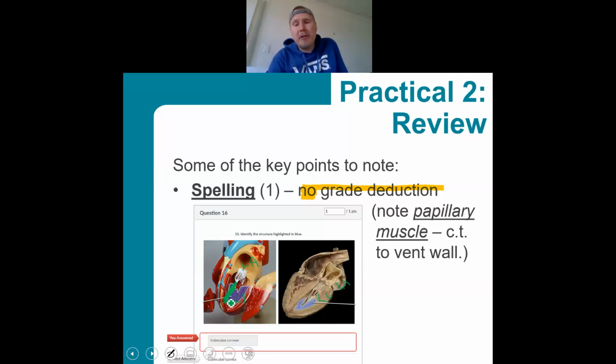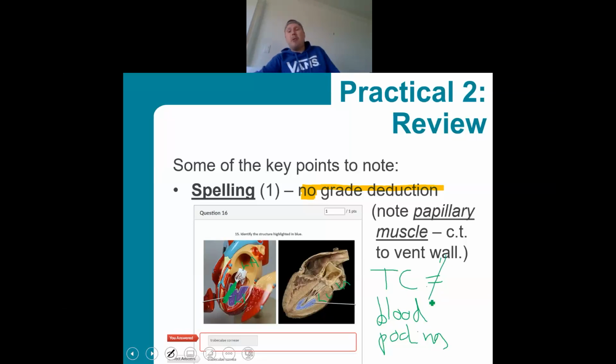What trabeculae carneae does is that it actually prevents blood from pooling in the ventricular area. And why this is important is that by preventing the blood from pooling, we're preventing the blood from starting to clot in the heart. If that was a clot, that would be, of course, a major problem.